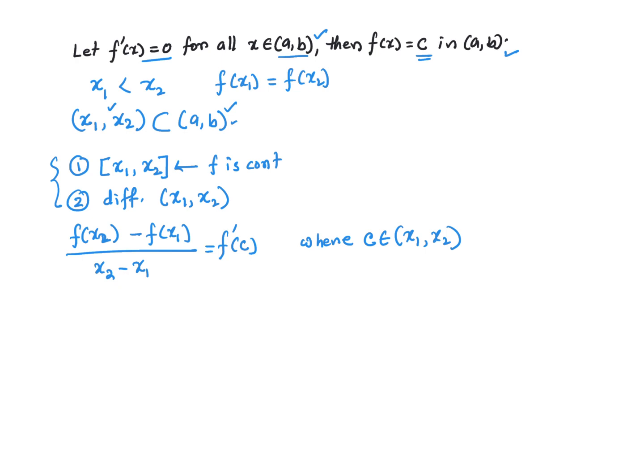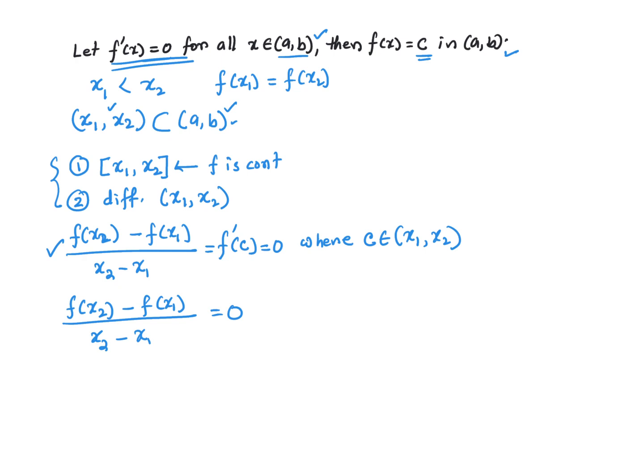However, it is given that the derivative of f, regardless of the input value, is always 0. So f prime of c must be 0. So this in essence tells me that this left hand side is equal to 0. So we have f of x sub 2 minus f of x sub 1, divided by x sub 2 minus x sub 1, is equal to 0.